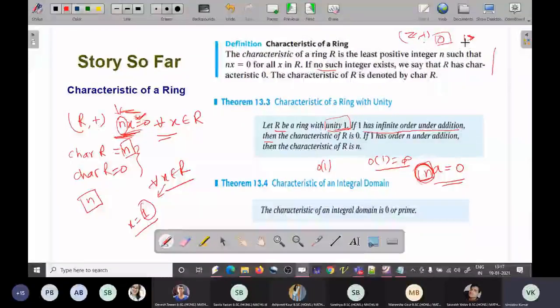Of course, this is also a ring now with the usual multiplication, because multiplication is associative here.